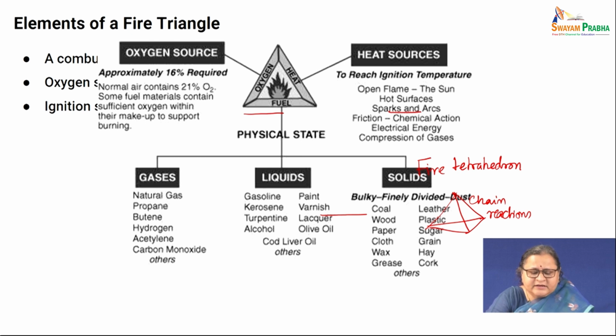So, any hot surface, any sparks, any welding happening in and around, any chemical action, even friction can lead to a fire or be the source of heat. Electrical energy, yes, compressed gas, all these can become very important sources of heat and fire.